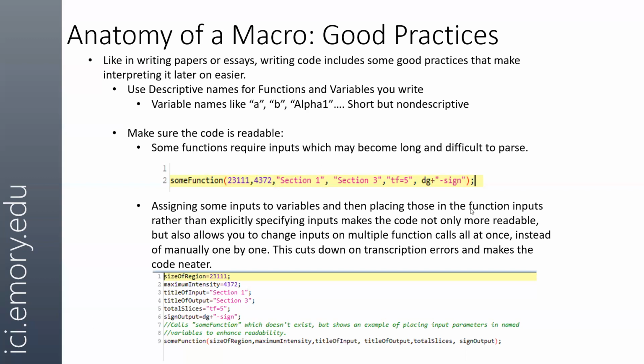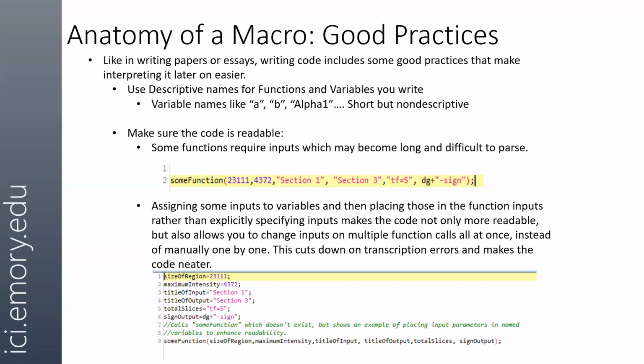Variable names that are very short, like A or B or alpha, maybe, they're easy to type, they're short, but they don't really tell you what that variable is holding. So the examples below, like size of region or maximum intensity or title of input, these are useful because just looking at them, you can say, oh, this tells me about what it's doing.